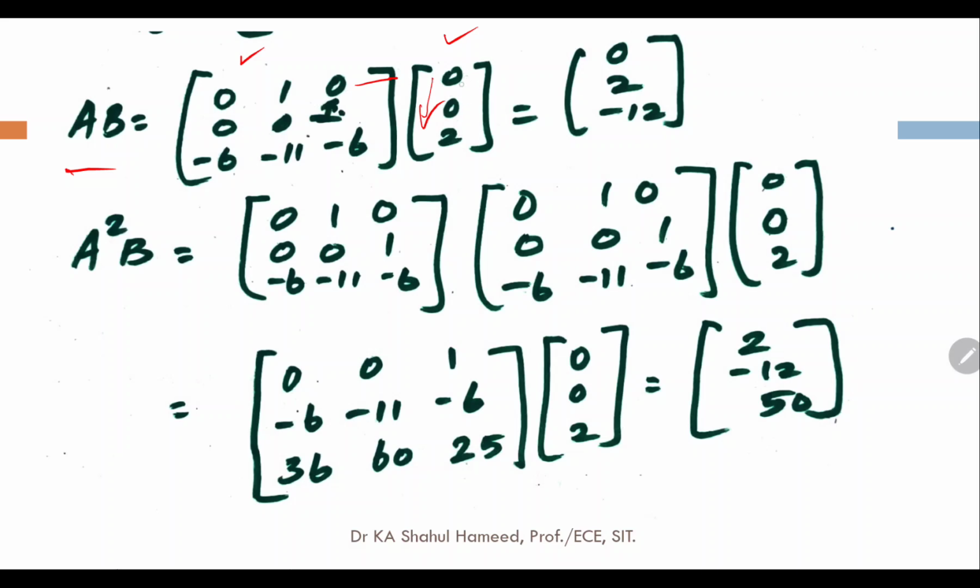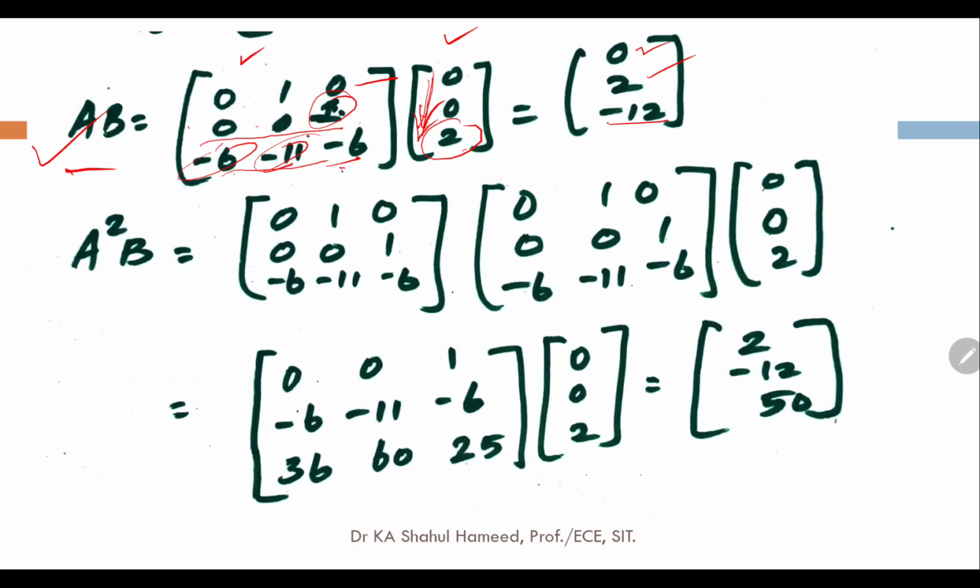The first entry is 0, the second entry is 0 0 1, so when multiplying this row and this column we multiply 1 and 2, so 1 into 2 is 2. The third row is minus 6, minus 11, minus 6. When multiplying this third row and the column, this becomes 0, this becomes 0, and minus 6 into 2 is minus 12. So AB we have formed.